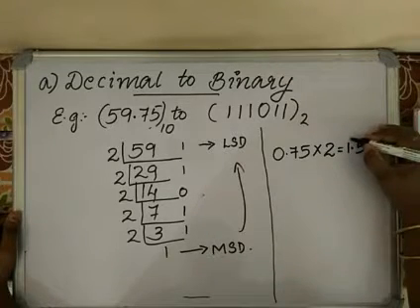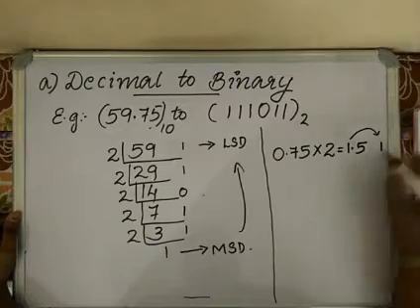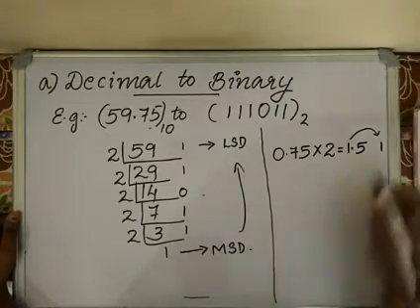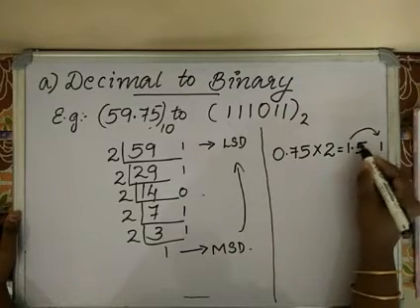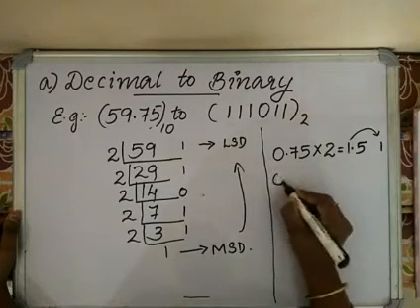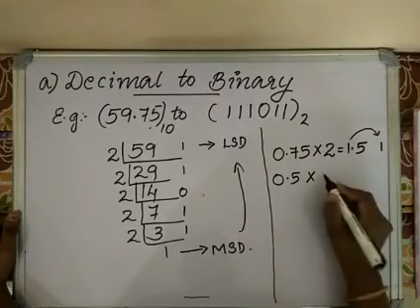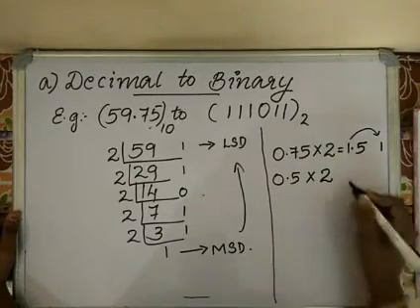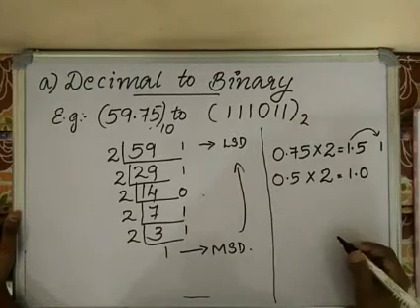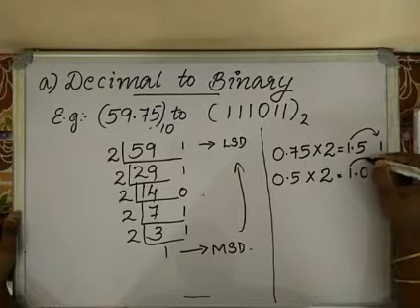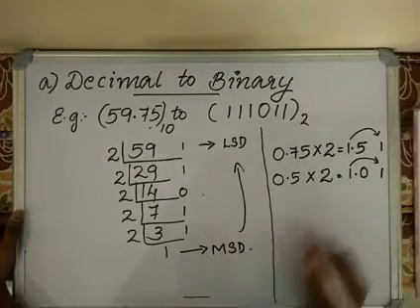We take the integer part of the result as a bit. Then the fractional part of the result, that is 0.5, will undergo successive multiplication. So 0.5 into 2, we get 1.0. Again the integer part of the result will be considered as a bit.